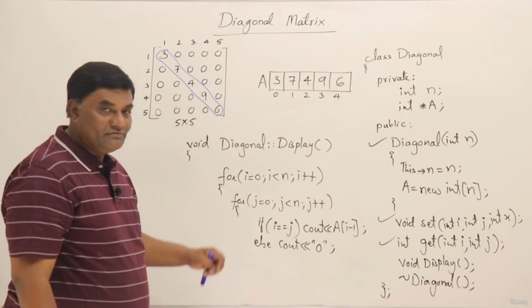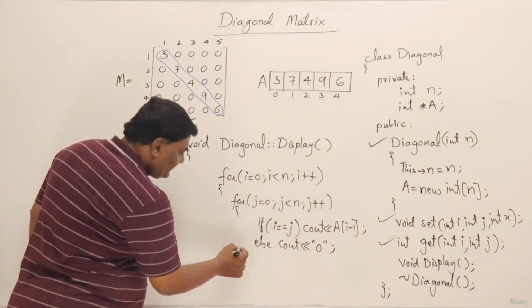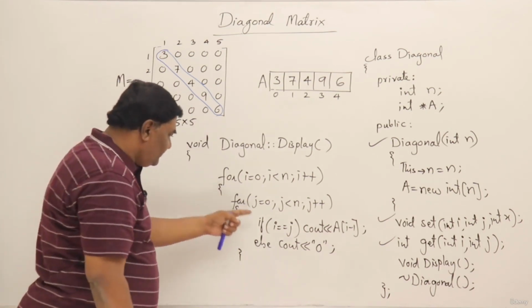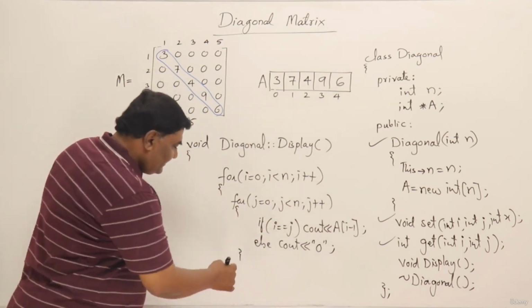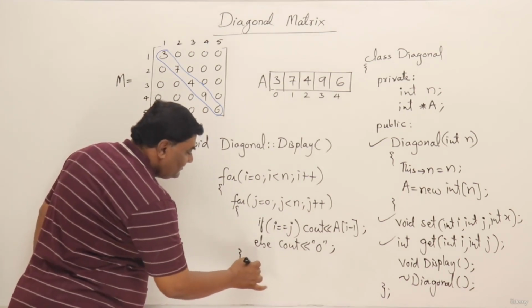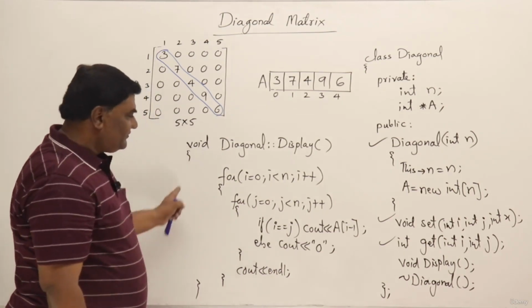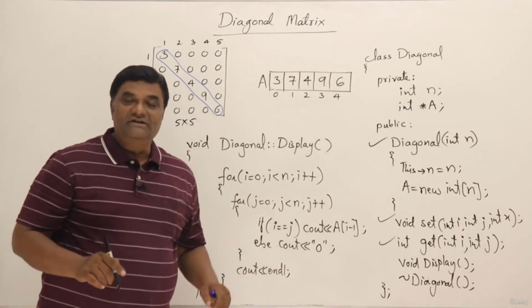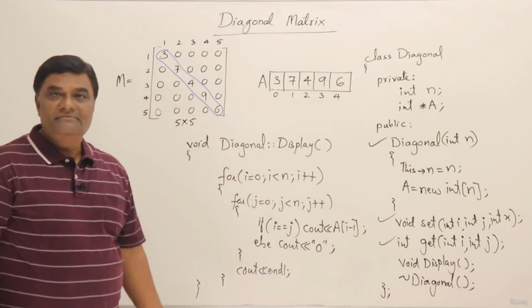So I want to display 0, so 0 is given in double quotes as a string. Then close this one. This for loop will display one row, and after every row I should go into the next line, so cout endl. Then close the for loop and close the function. So this function using two for loops will display a two-dimensional array like this.